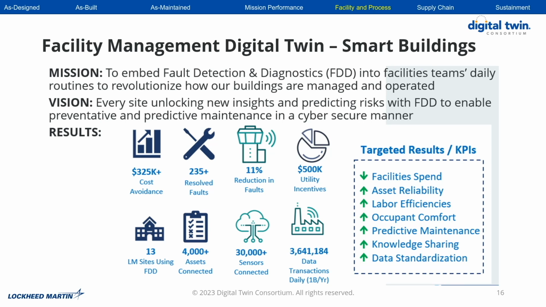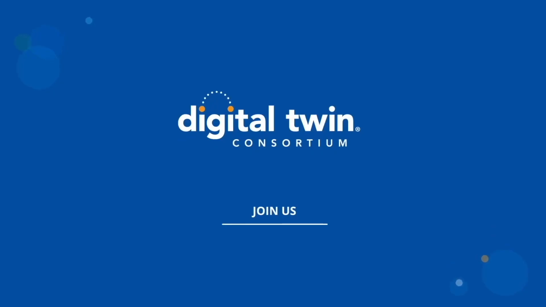So using this FDD really helps us decrease facility spending and results in increased asset availability, reliability, labor efficiency, employee comfort, better predictive maintenance, increased knowledge sharing, and improved data standardization overall, which is extremely critical, as you can imagine, with digital threads and digital twins. I think this is another really good example of how Lockheed Martin is using digital twins internally to make us more efficient and cost effective.